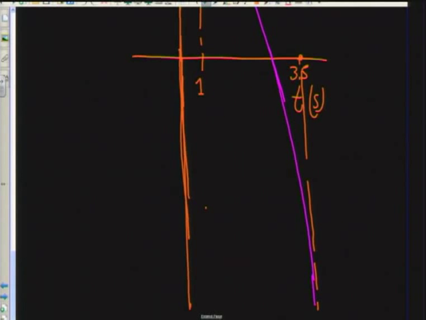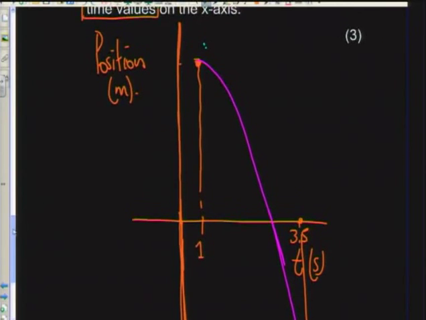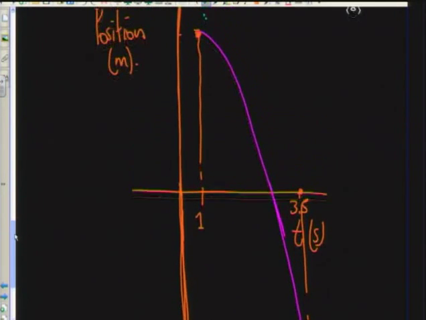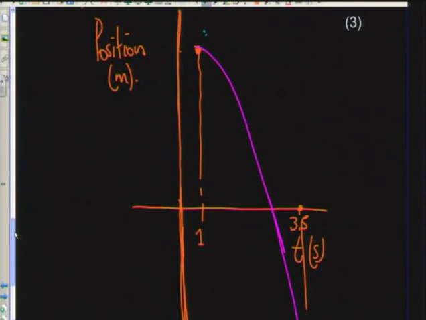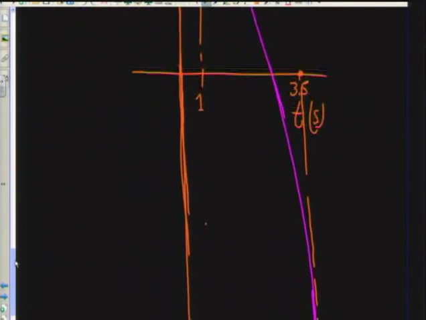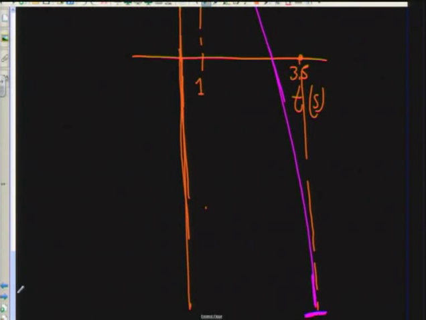And at that point, that's when it strikes the bottom of the cliff. So that will be my graph of position versus time for that particular stone there.